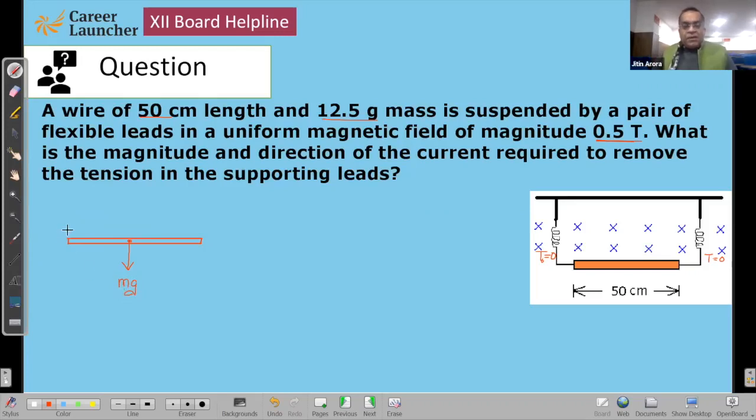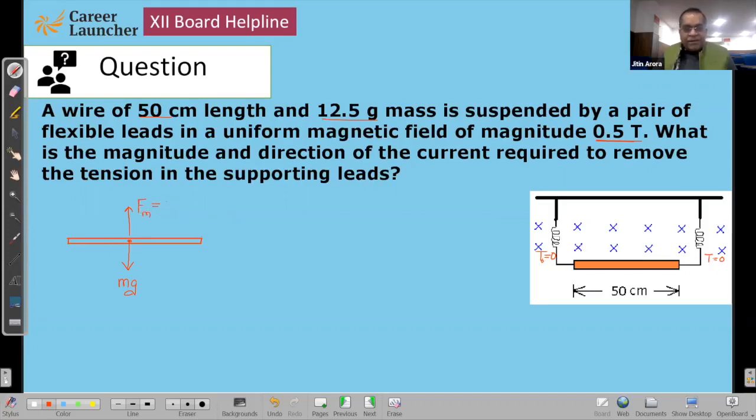Now the mg force was being earlier balanced by these two tensile forces acting due to the two leads or two wires that we have. So now if I assume that these two wires do not have any tension, then this force should be balanced by the magnetic force.